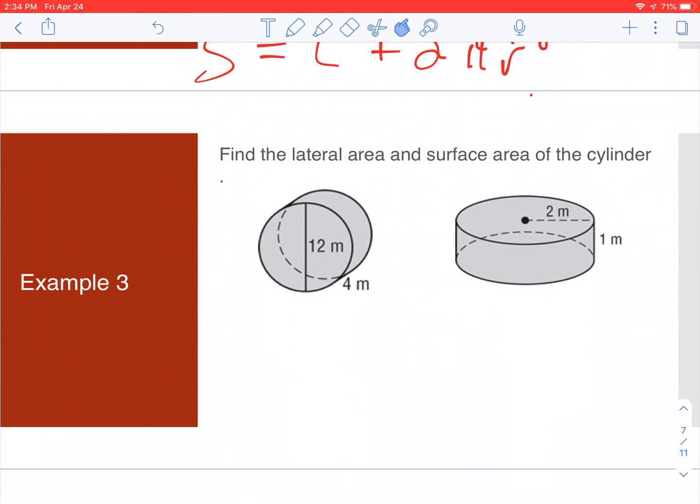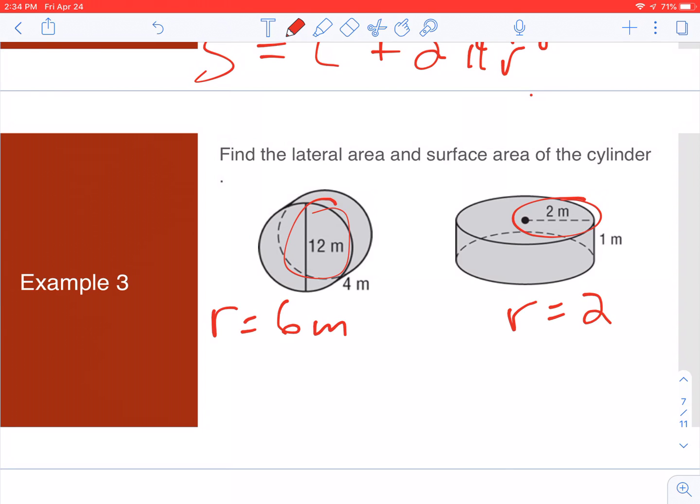Same setup here. I'm not going to calculate these out, but remember when we look at these numbers, we need to find the radius. In this case, the radius will equal 6 because I did 12 divided by 2. Over here, the radius equals 2.